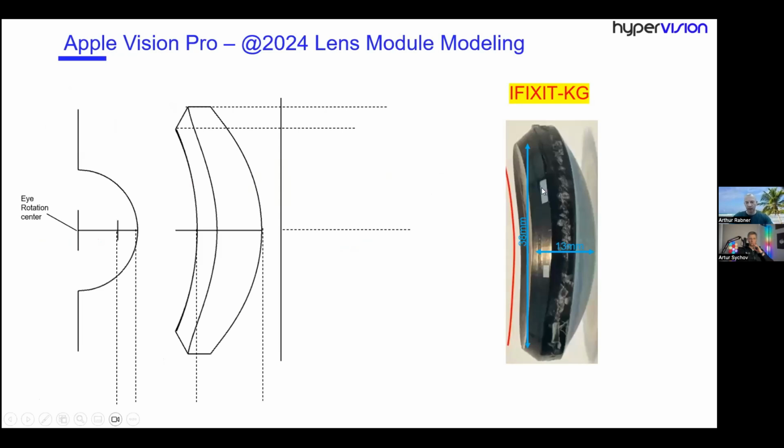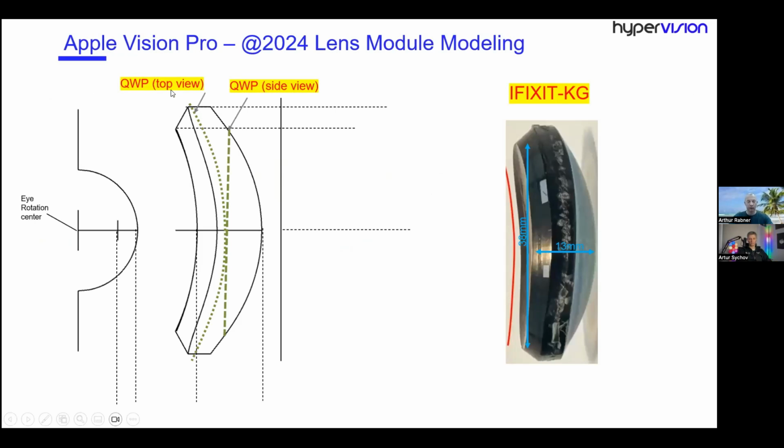So having this model and knowing approximately the dimensions of this model of Apple, we modeled the lens. And as you can see, there are two lenses, not three, but the big lens is separated by a cylindrical surface.